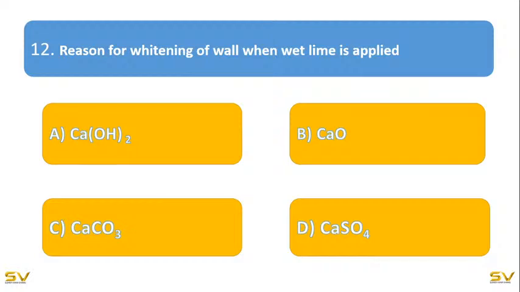So which is the reason for whitening of wall? Ca(OH)2, CaO, CaCO3, CaSO4.